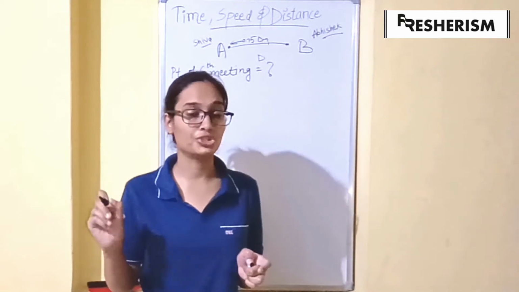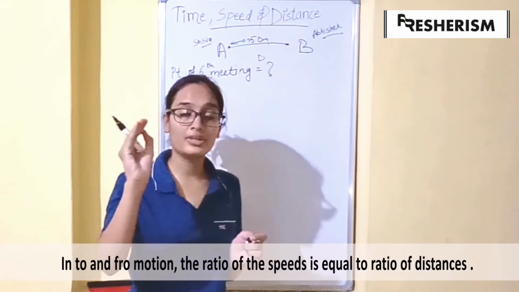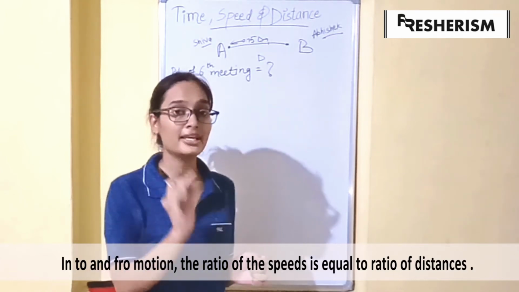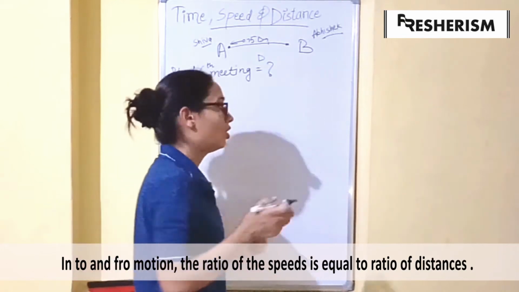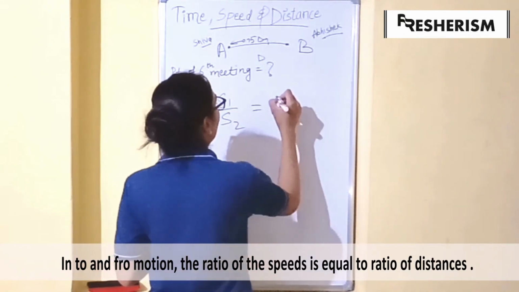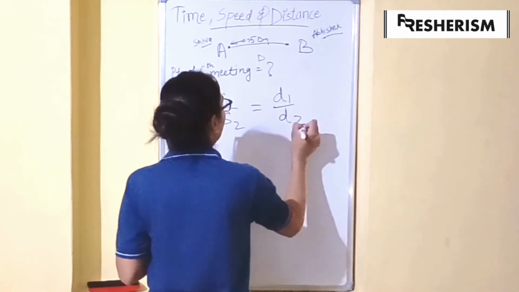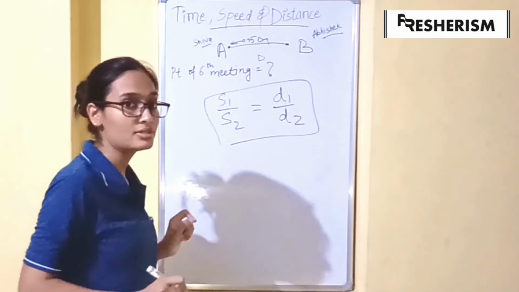In to and fro motion, at any point of time, the ratio of speeds of the two objects is always equal to the ratio of the distances covered by the objects. That is, S1 by S2 will always be equal to D1 by D2. This is the condition we have to use to solve this question.